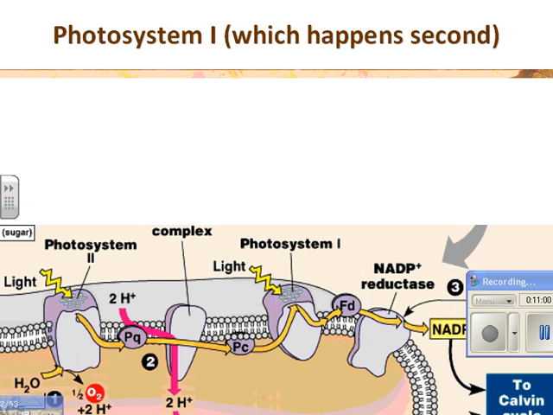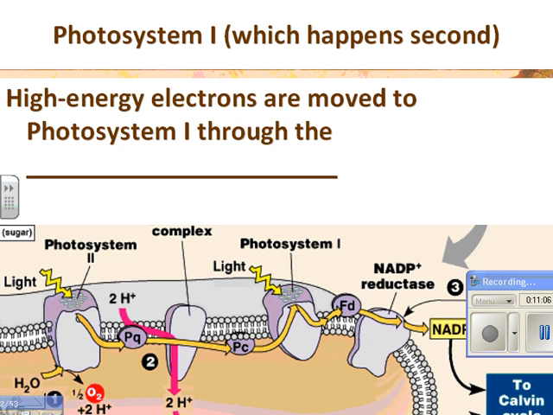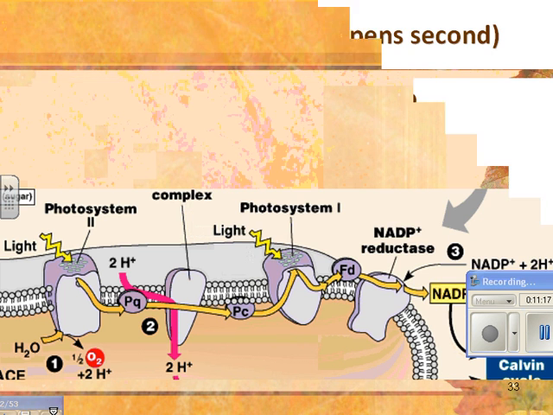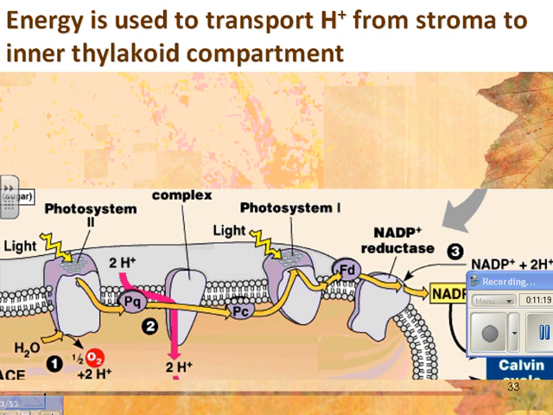And then you have photosystem 1, which happens second, which is kind of weird. The high energy electrons are moved through photosystem 1 through the electron transport chain again. So this whole thing is the electron transport chain. You've got photosystem 2, photosystem 1. Energy is used to transport the electrons from the stroma to the inner thylakoid membrane. So here's the stroma.